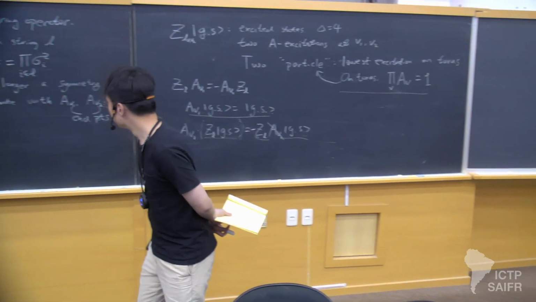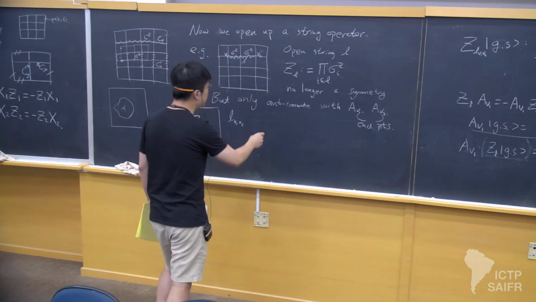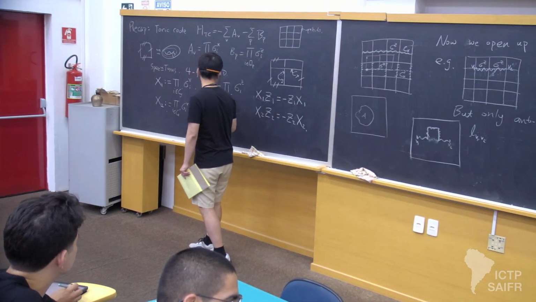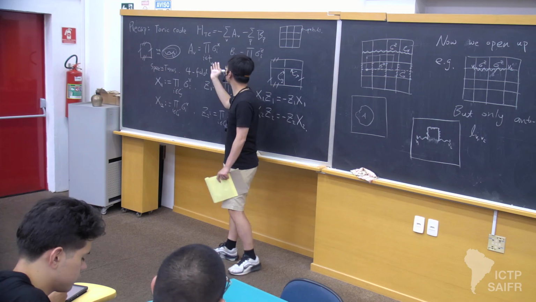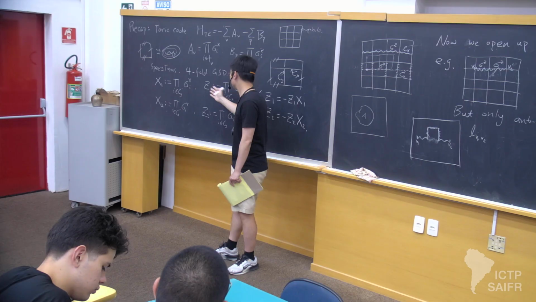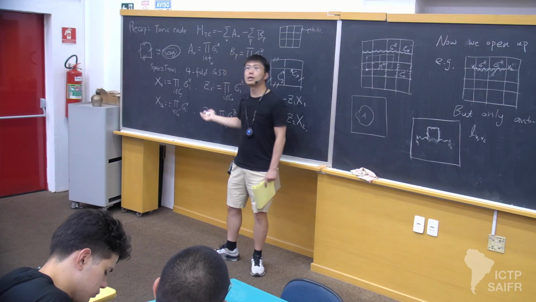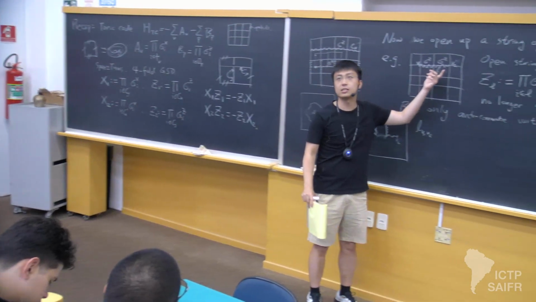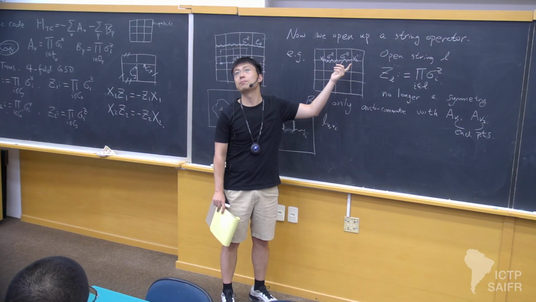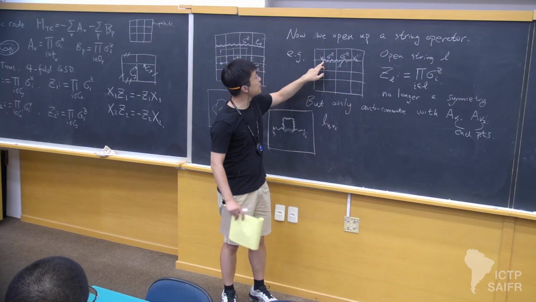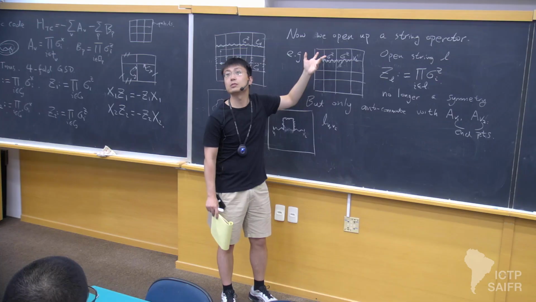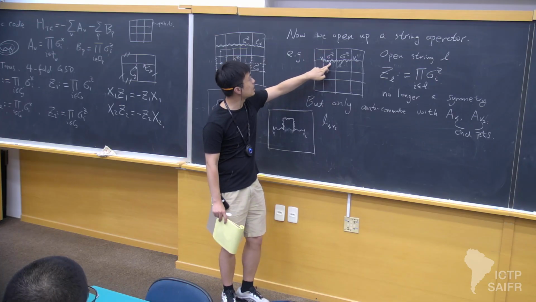The reason is that for this to be a symmetry, for example, these things are good symmetries because they commute with every single vertex and plaquette term, and therefore it commutes with the Hamiltonian. Now to ask if a new operator like this is a symmetry, you just ask the same question: does it commute with all the AV and all the BP? And then you realize that for the AV, the V at the end of this string, it no longer commutes, because there you have a sigma Z here.